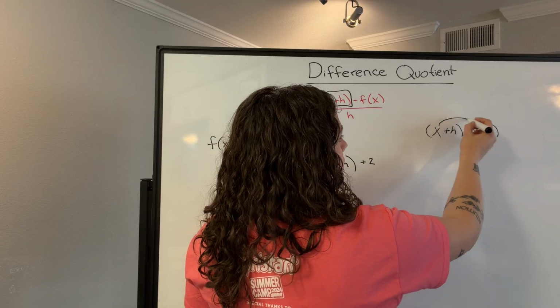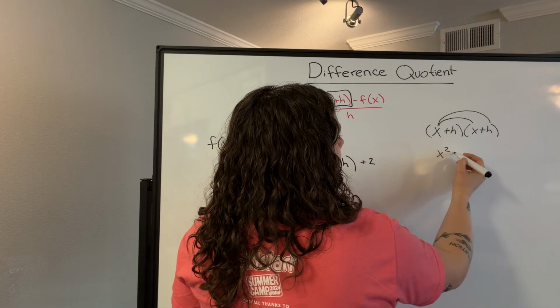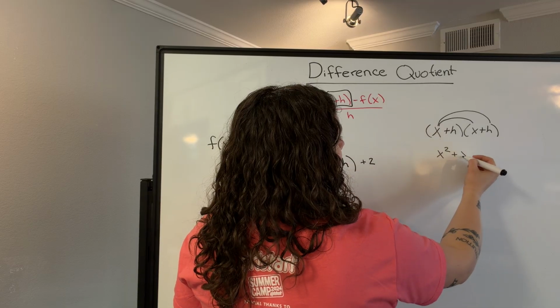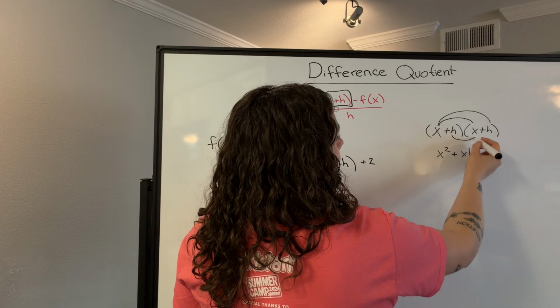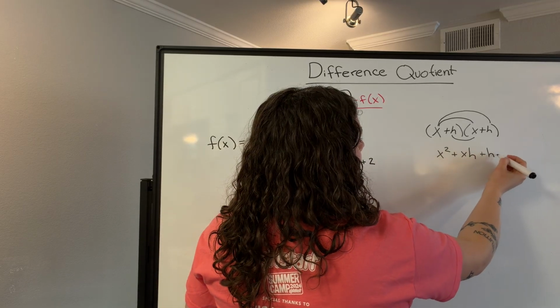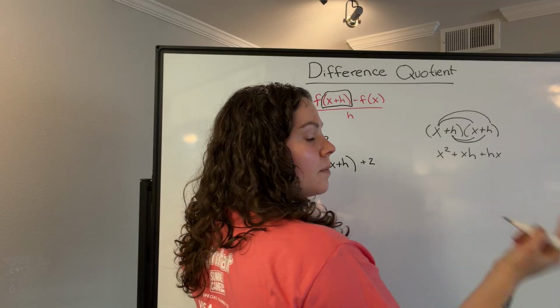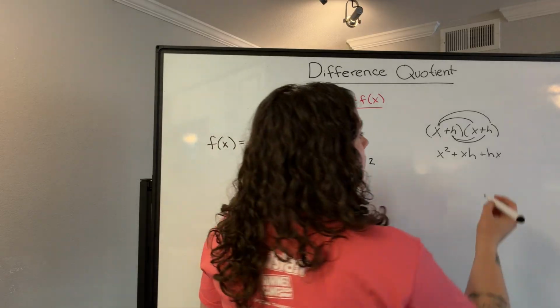So we're going to do our first, which is x squared. The outer, which is plus x times h. The inner, which is plus h times x. And the last, which is h times h, which is h squared.